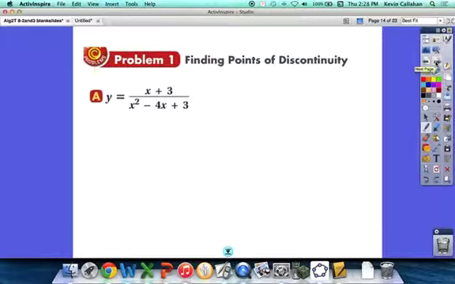Okay, so finding a point of discontinuity. What did I just underline on the last slide? The zeros of the denominator. It's one thing if the denominator is already factored. If not, factor it. And I would say that's a part of what makes this chapter hard.